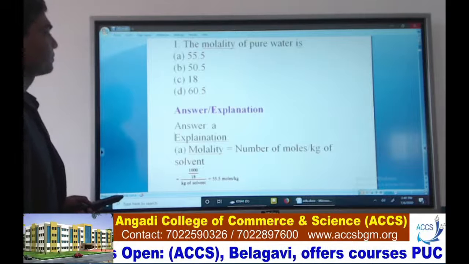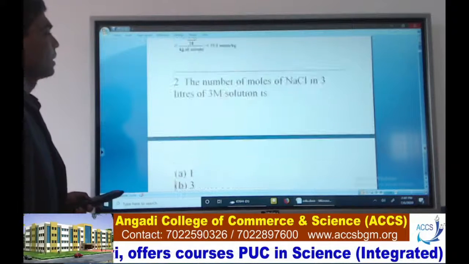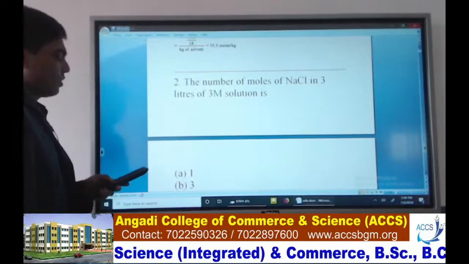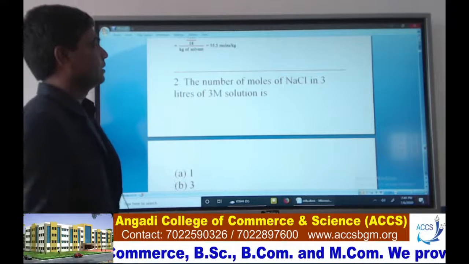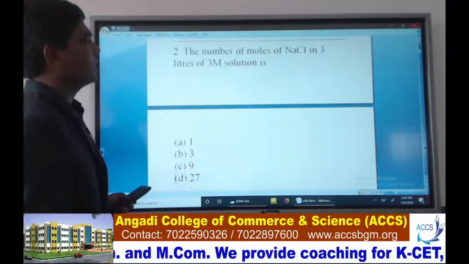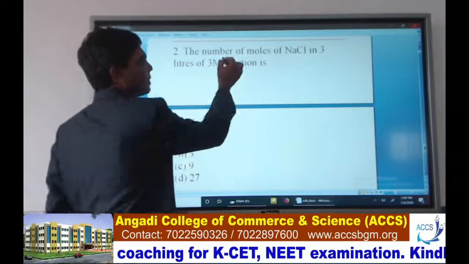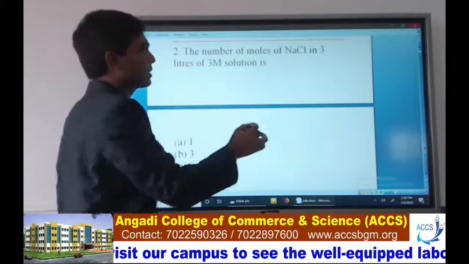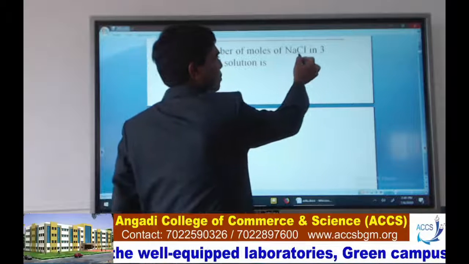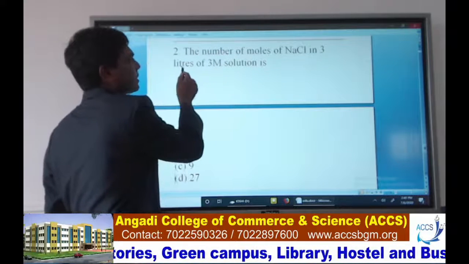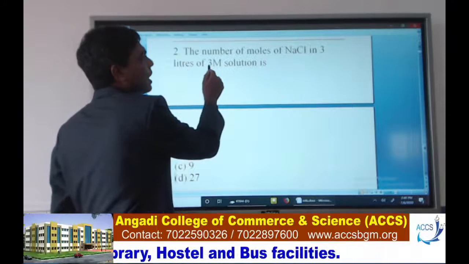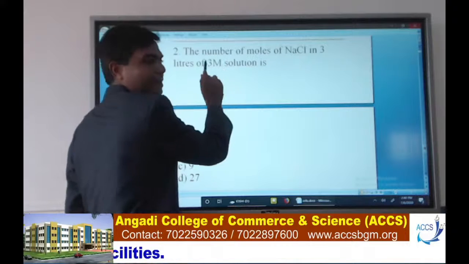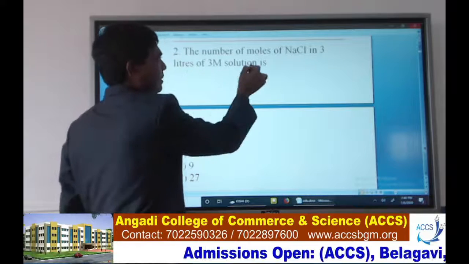Next question. The number of moles of NaCl in 3 liters of 3m solution is. See, he told number of moles, and NaCl means sodium chloride in 3 liters. He has given the volume, and 3m means what? It is called as a concentration. So again I will read the question.